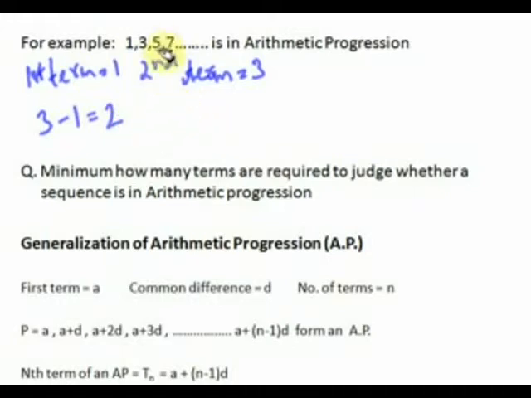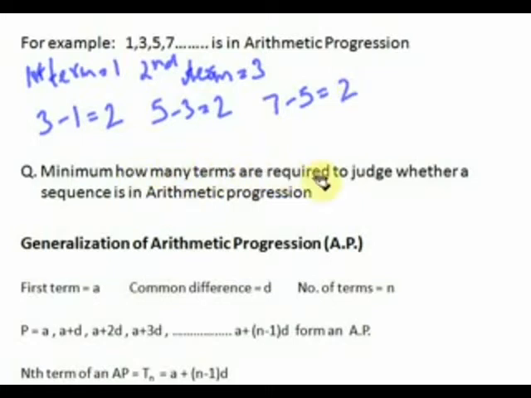The difference between the third term and the second term, 5 minus 3, is equal to 2. The difference between the fourth term and the third term, 7 minus 5, is equal to 2. So we see, irrespective of the position, if we take the difference between the term and its preceding term, and it is constant all throughout the sequence, then we can term it as an arithmetic progression. So 1, 3, 5, 7 is an arithmetic progression.